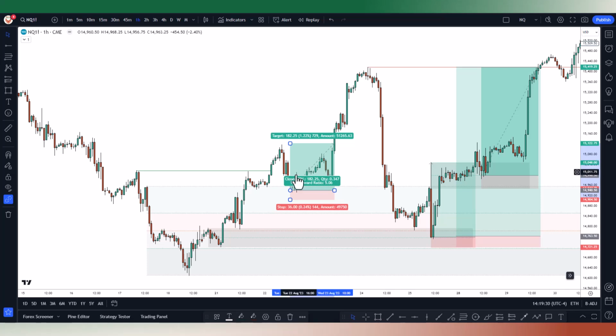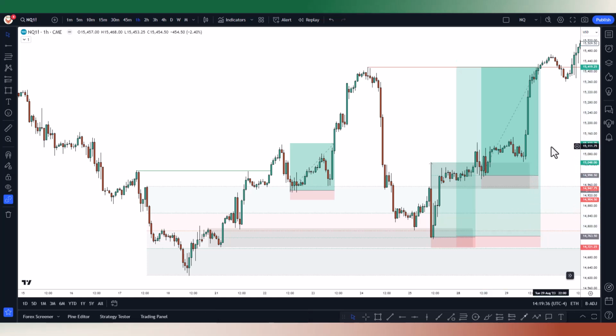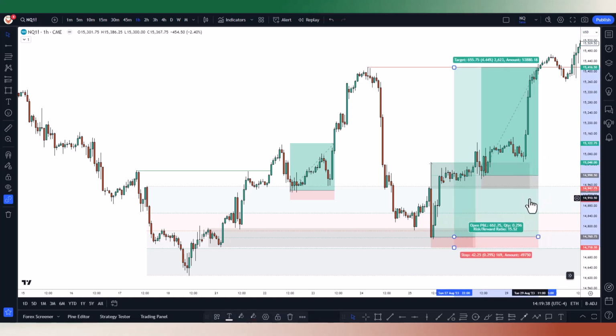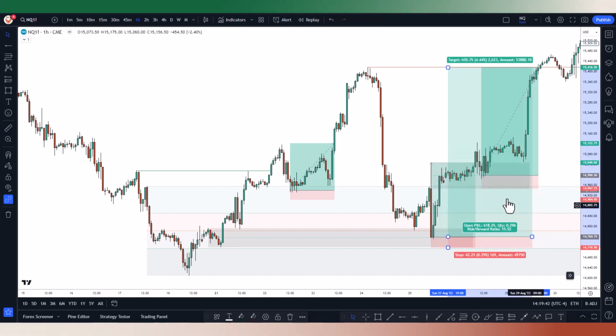In this case you have 5 risk to reward, here you have 7, here you have 15, and here you have 8. So you can trade this setup like 3 times.